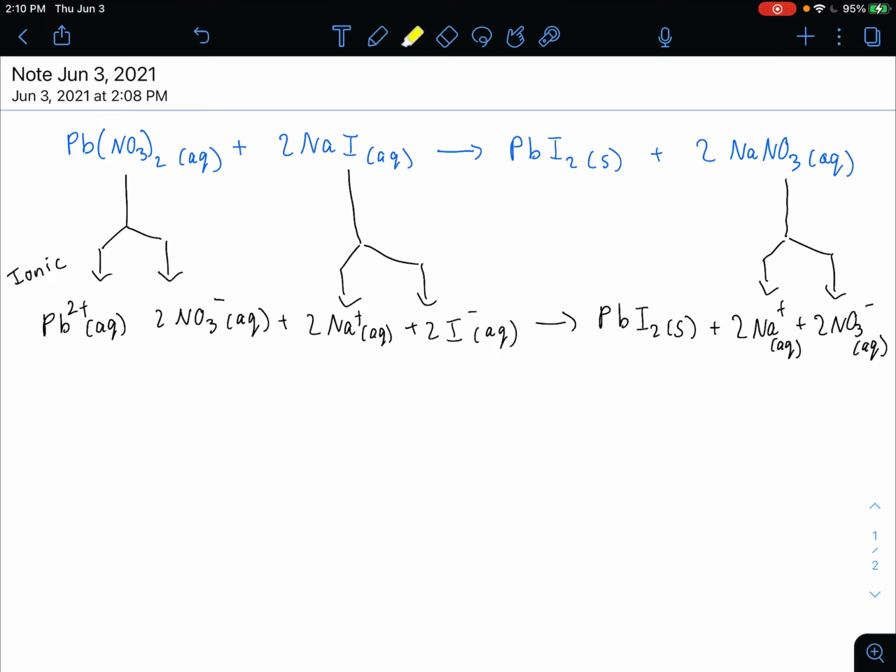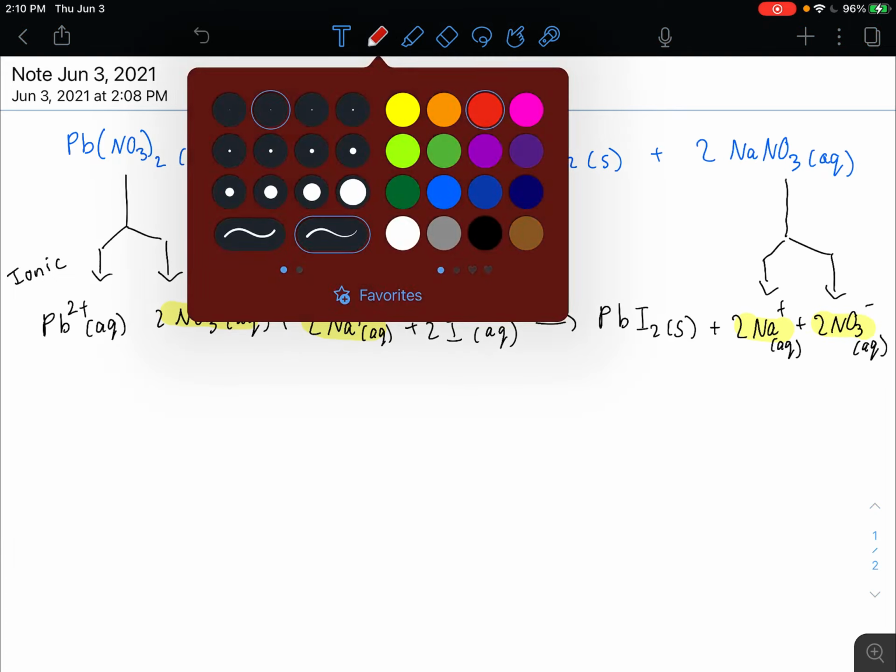And so then to get the net ionic equation, I look for what appears identically on both sides. And it looks like the sodium and the nitrate are the same on both sides, and those are our spectator ions.